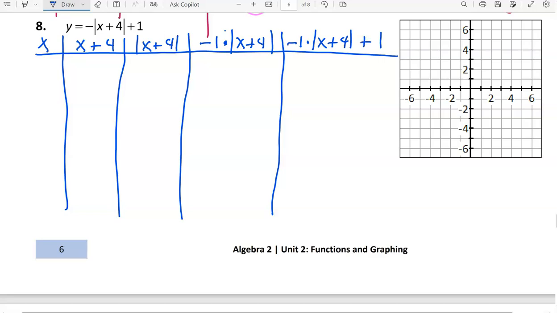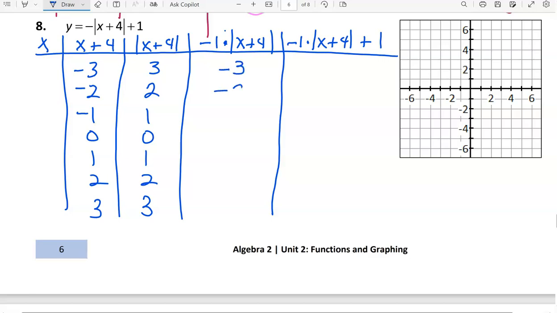When we're taking an absolute value, we want to use some negatives and some positives. So I'll use negative 3, negative 2, negative 1, 0, 1, 2, and 3 for x plus 4 values, since the next column takes their absolute values. We always want to take the absolute value of some negatives and some positives. And then the next column we multiply each by negative 1. And then finally add 1.